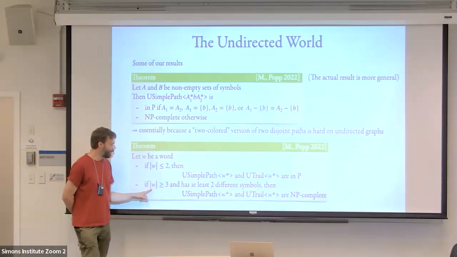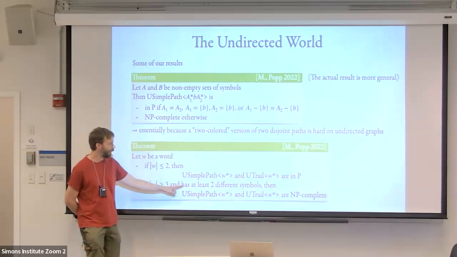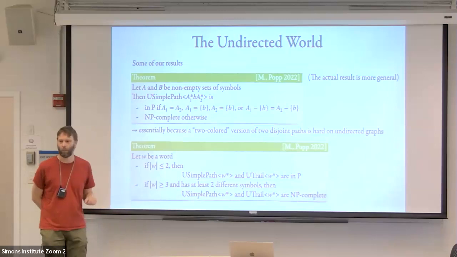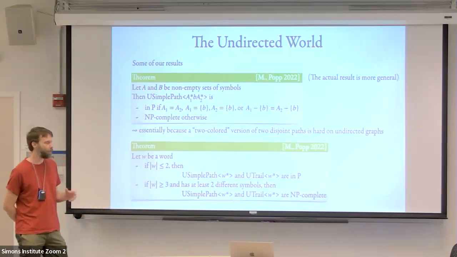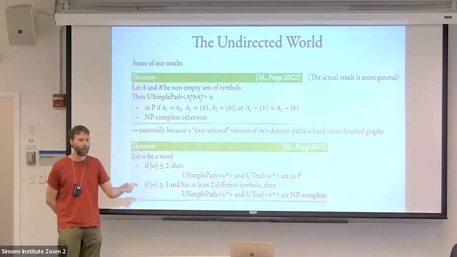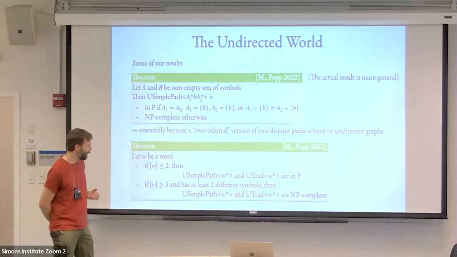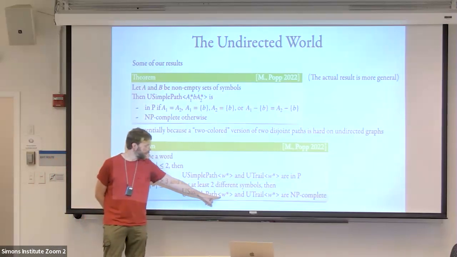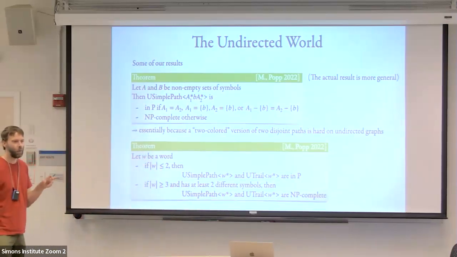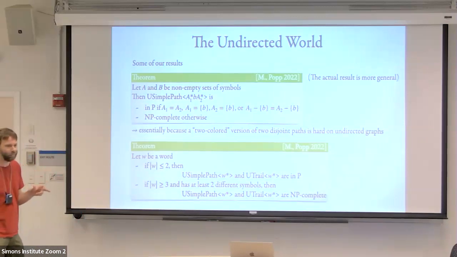If your word has length at least 3 and it has at least 2 different symbols, then the problem is NP complete. Which means that in this case of repeating these cycles of words, we understand everything except the case where these words W have all the same letter, which just boils down to modulo counting.